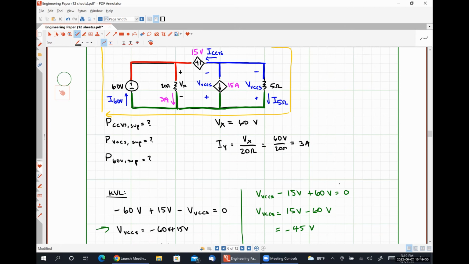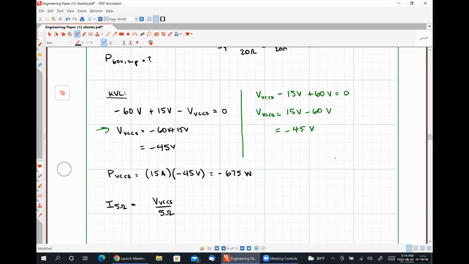But we do need to take into account that our current of I 5 ohms is flowing into the negative polarity terminal, which means we need to add a negative sign to our Ohm's law equation. So if we substitute in here, we're going to have negative 45 volts divided by 5 ohms gives us positive 9 amps.